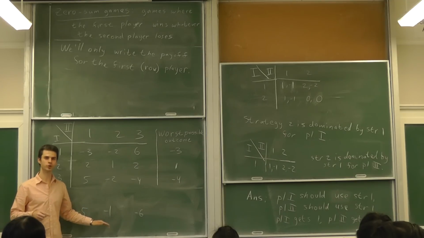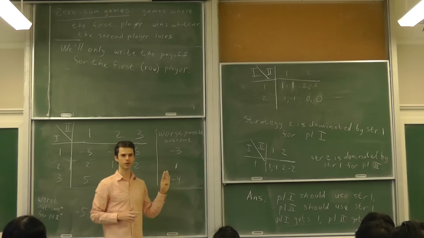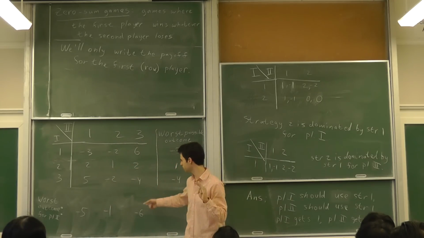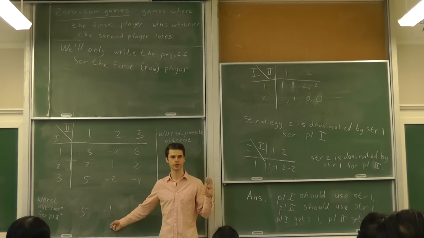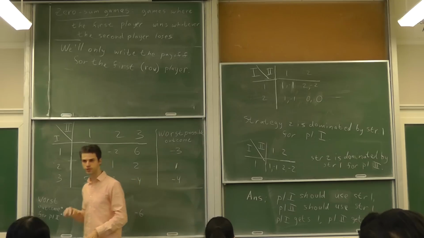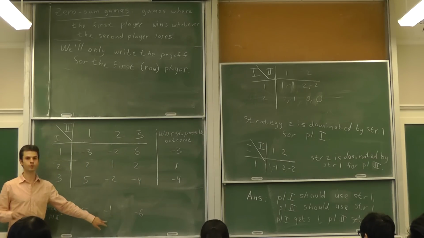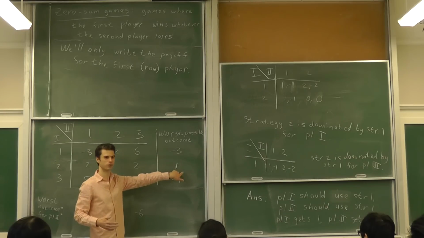So the first player knows, first of all, I can play to win 1 point, I cannot play to get more than 1 point, because I know that my opponent has a strategy that will prevent me from winning more than 1 point. The same thing happens for the second player. He knows I can play for a loss of at most 1 point, I cannot do any better, because I know that my opponent, the first player, does have a strategy to win at least 1 point.